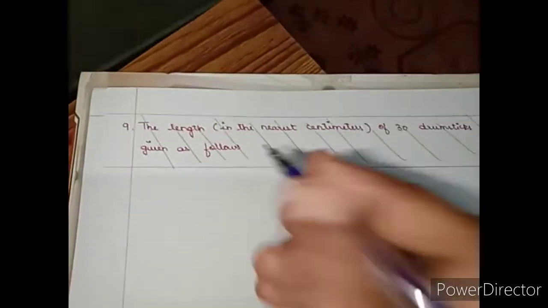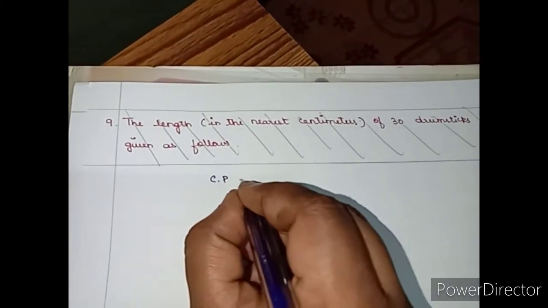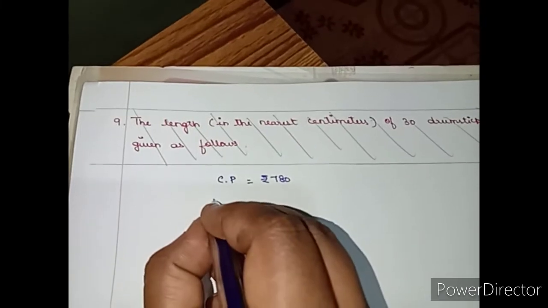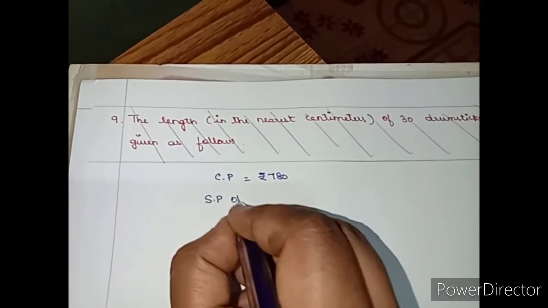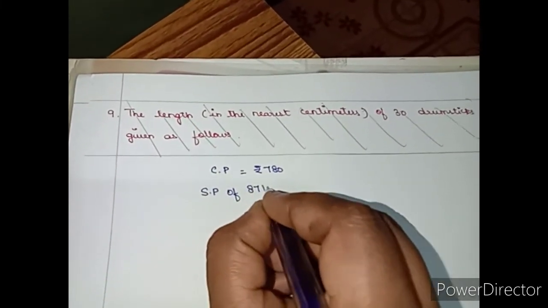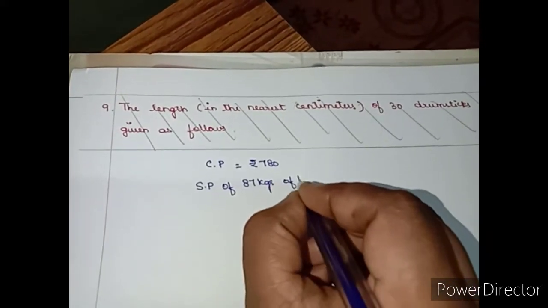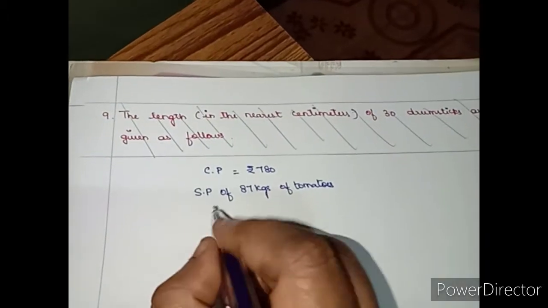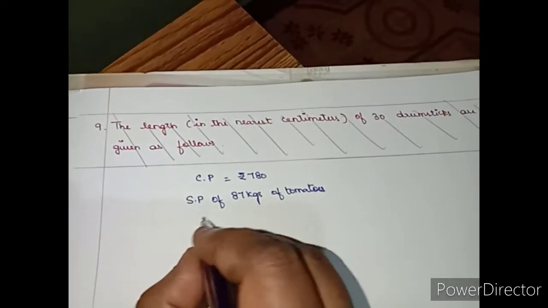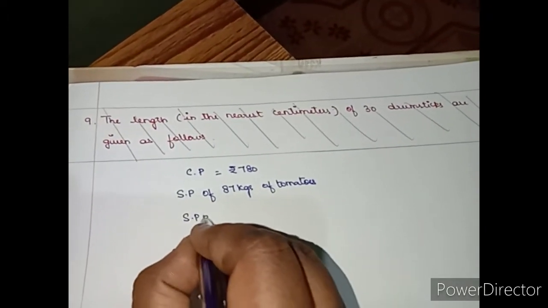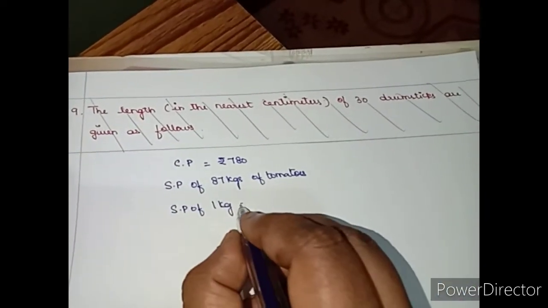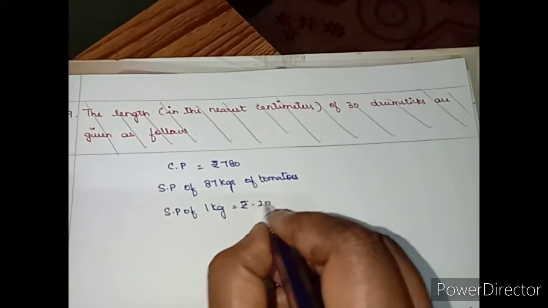Okay, so CP is rupees 780. Now we have to find SP of 87 kgs of tomatoes. So what is the rate he is selling it? So SP of 1 kg is rupees 20.